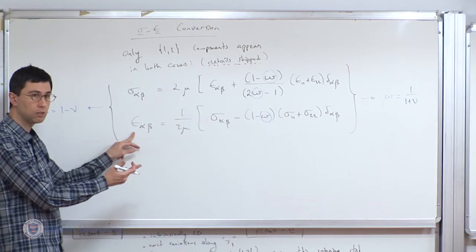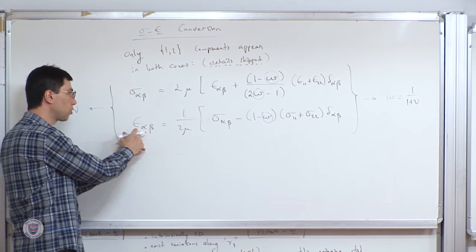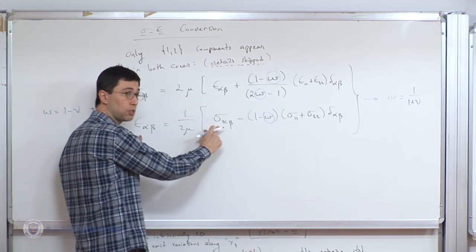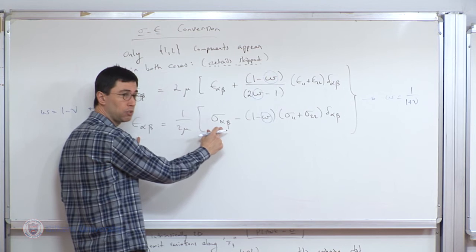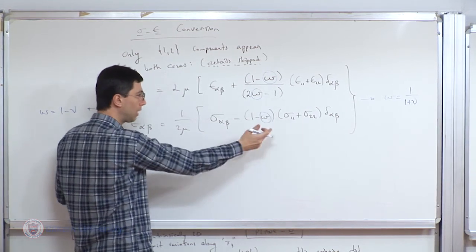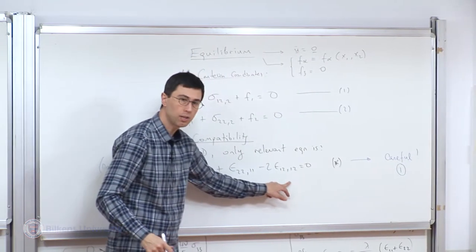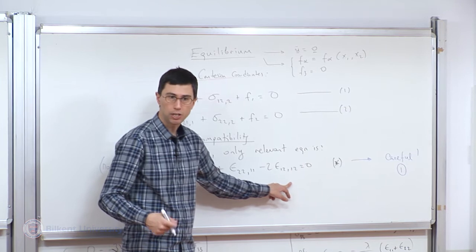Plane stress or strain doesn't matter. Now, instead of writing compatibility in terms of strain, I would like to write it in terms of stress because that's what I will be working in terms of. So in principle, all you have to do is take this expression and plug it in there. And if there are simplifications, work it out.